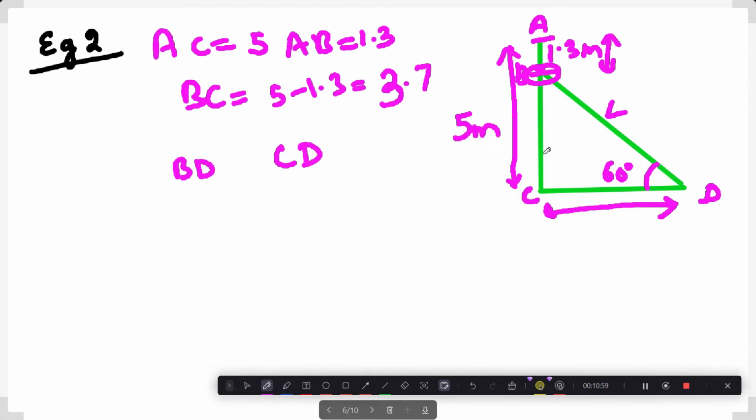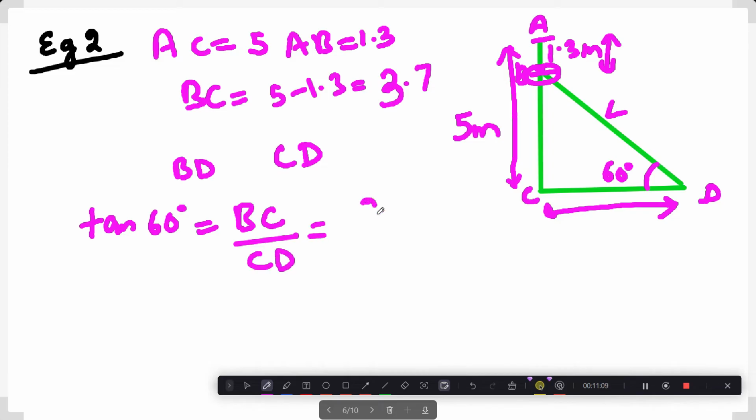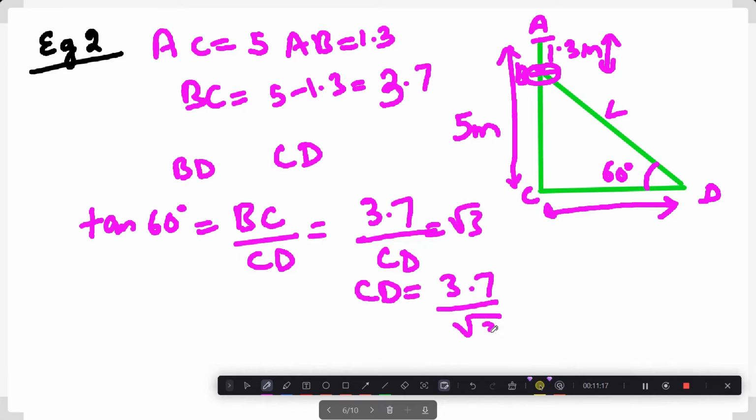We know BC, right? So what is tan 60? BC by CD, 3.7 by CD is equal to root 3. So what is CD? 3.7 by root 3.